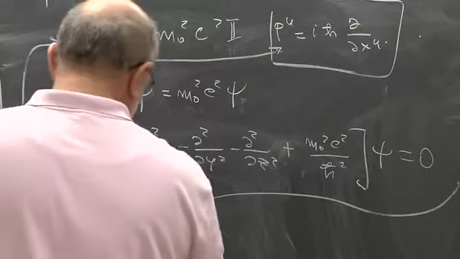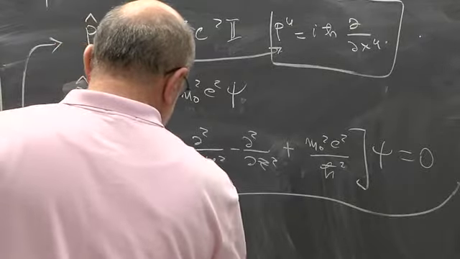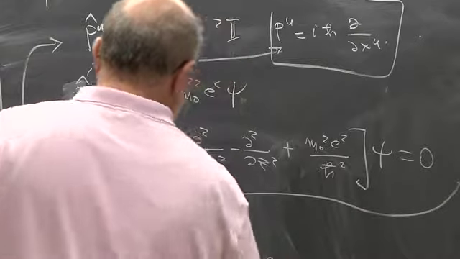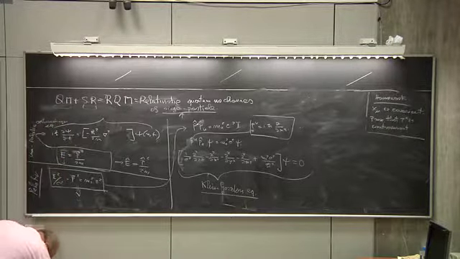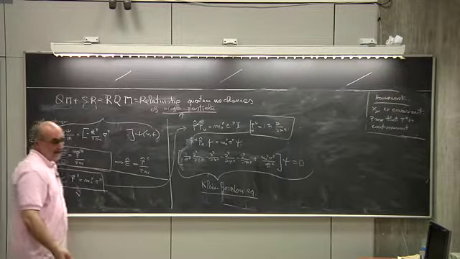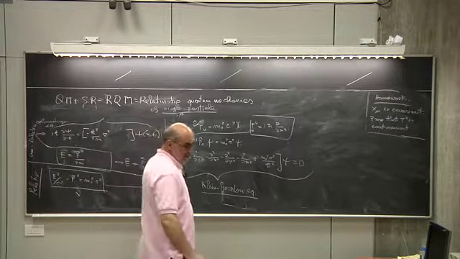This equation is called the Klein-Gordon equation, from the names of the two physicists that first wrote it down. They wrote it down just one or two years after the Schrödinger equation, because special relativity was around since 1905, so it was easy to write.